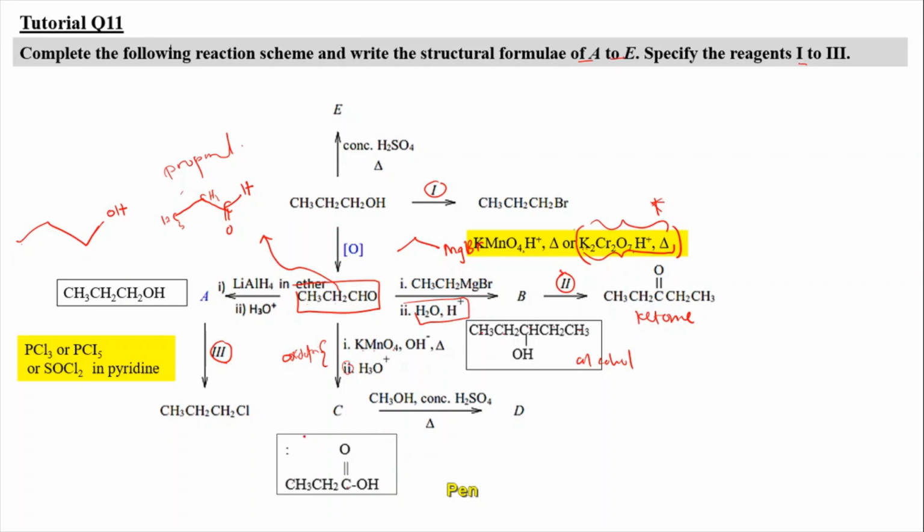And then this carboxylic acid here gonna react with CH3OH, which is a methanol, which is also an example of alcohol. And then this happens at the condition of concentrated H2SO4, which is acting as an acidic catalyst.